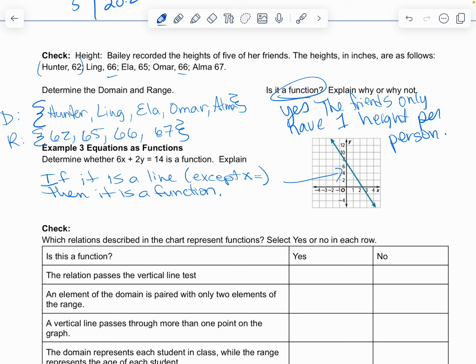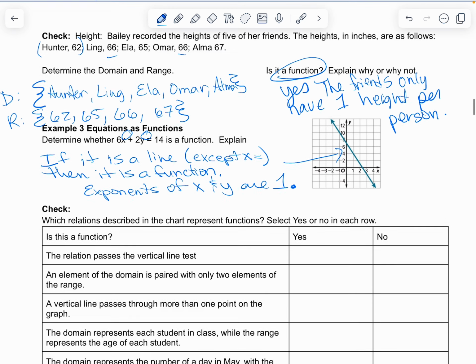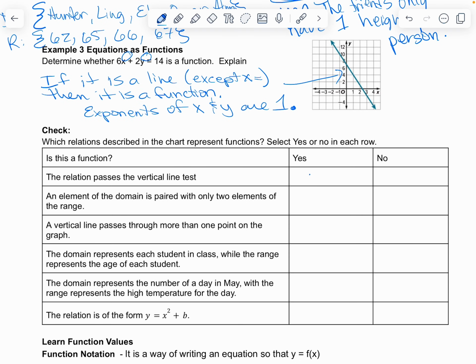Okay, so that means the exponents of x and y are 1. See how this exponent right here is a 1 and this exponent right here is a 1? Automatically it's going to be a line. Is it a function? Yes.